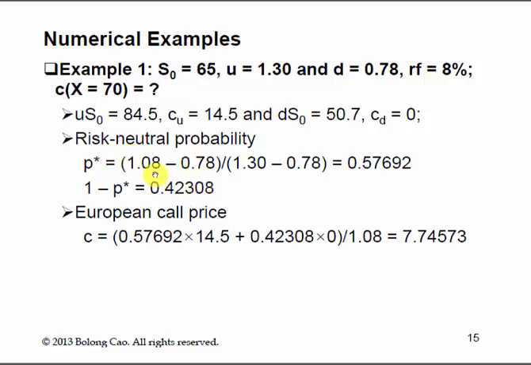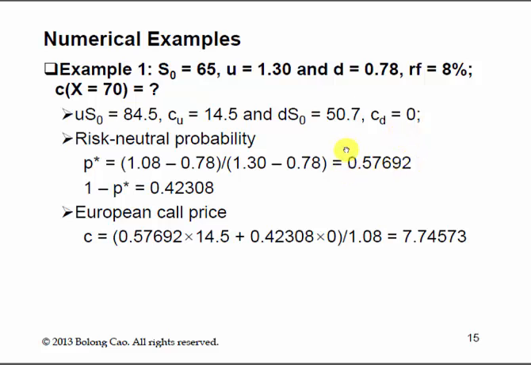Again, the upstate probability is the risk-free rate plus 1 minus the down proportion, divided by the distance between the up and the down proportions. So the upstate risk-neutral probability is 0.57692. And then 1 minus P star, the downstate risk-neutral probability, is 0.42308.